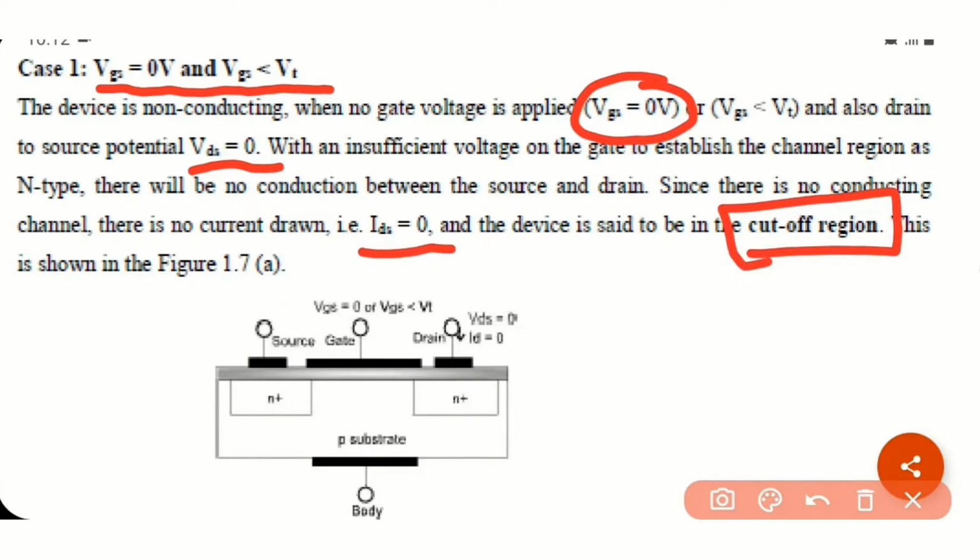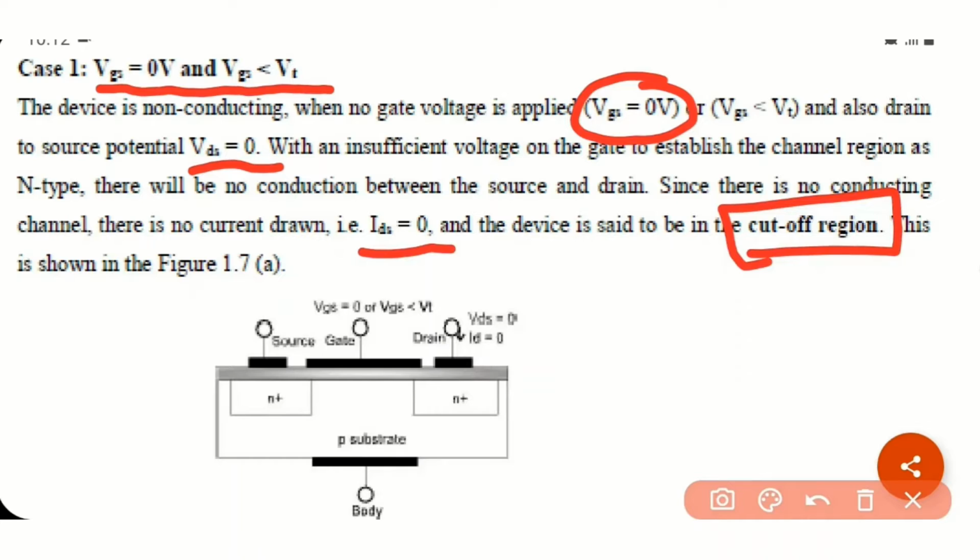So this is the same cutoff region as we have studied in the BJTs. So there were 3 regions. So this is the cutoff region, as shown in the diagram. So you are having this gate source voltage 0, or we can also write that this gate source voltage is less than the threshold voltage. Your drain source voltage is also 0.